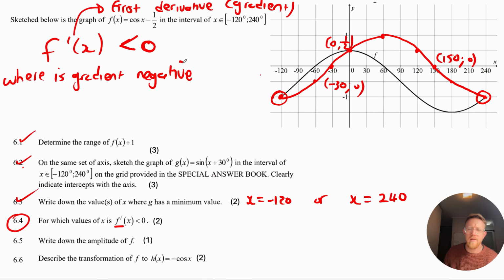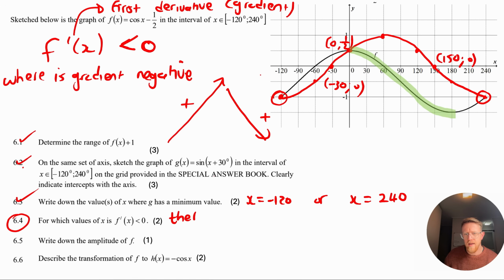Now remember that positive gradients go this way, negative gradients go that way. So they're pretty much saying, where is the graph of f, which is the original one, going downwards? So that would be all of up to there. In your test, you can just say there, and then draw an arrow like that.